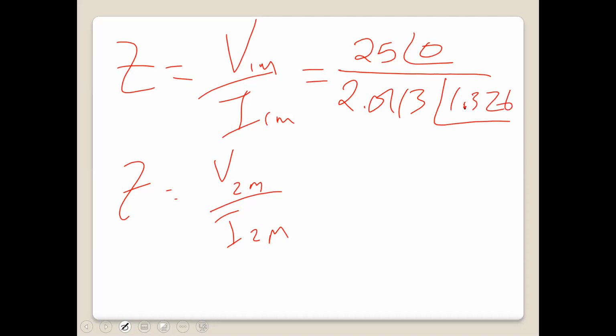And what does that give us? 12.43. You're chopping off the decimal places again.